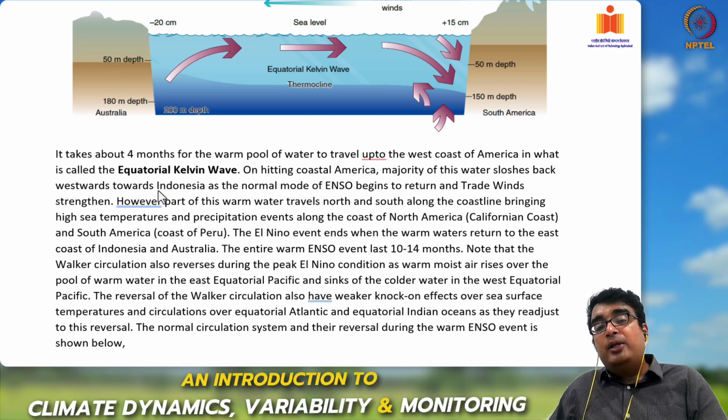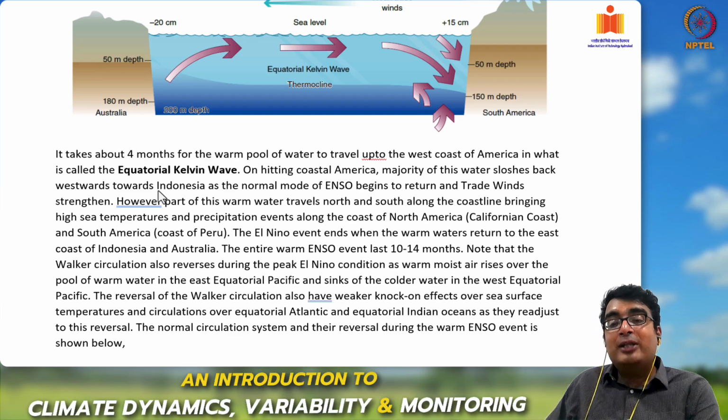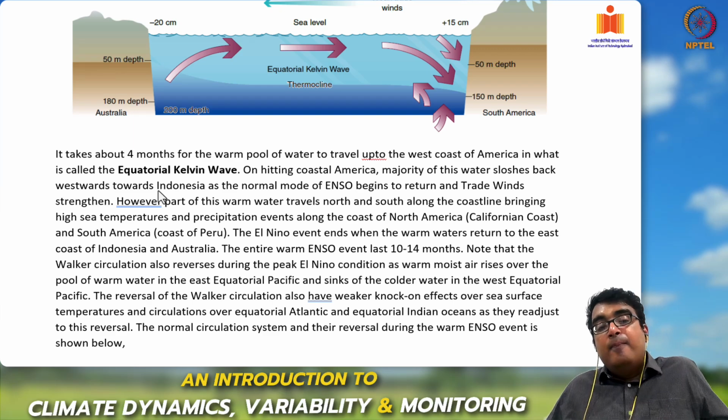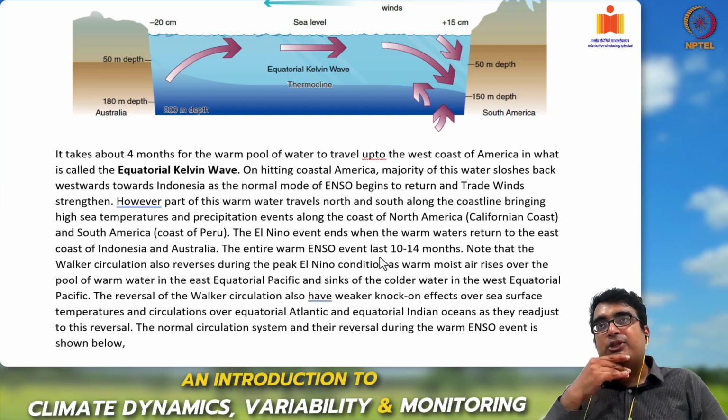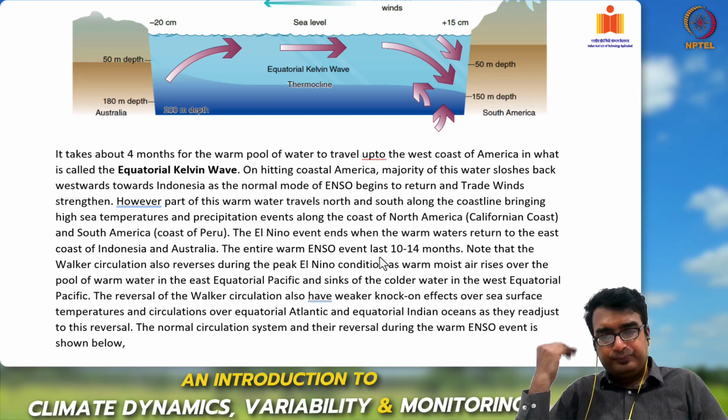However, part of this warm water travels north and south in the meridional direction along the coastline, bringing high sea temperatures and precipitation events along the coast of North America, the Californian coast, and South America, the coast of Peru. The El-Nino event ends when the warm water returns to the east coast of Indonesia and Australia. This entire warm ENSO event lasts around 10 to 14 months, so over a 2-year period.